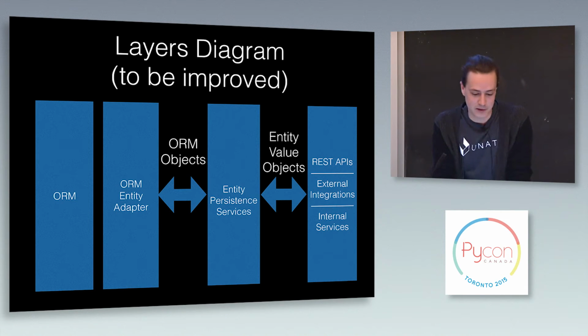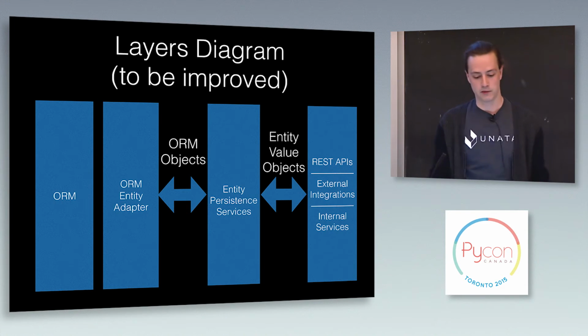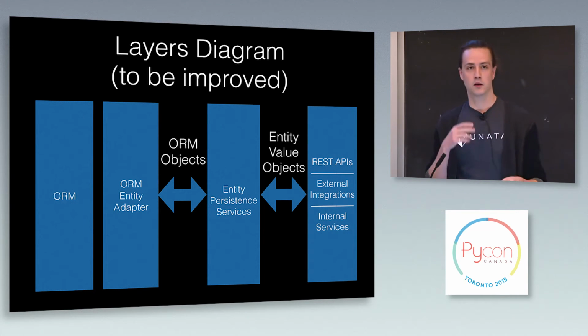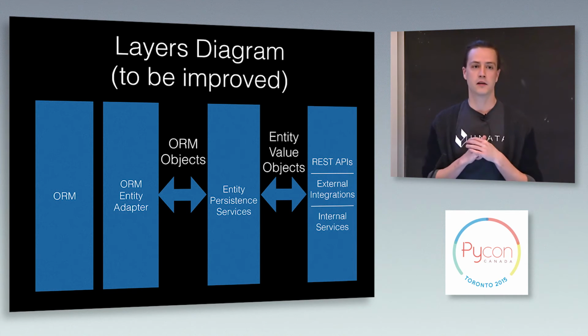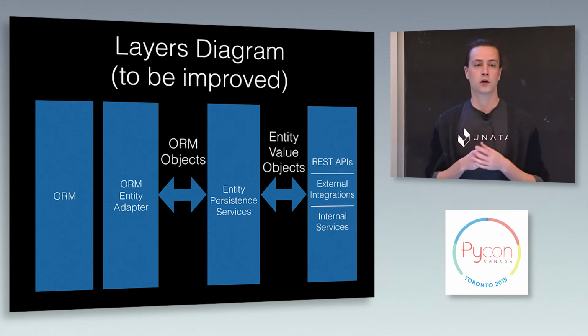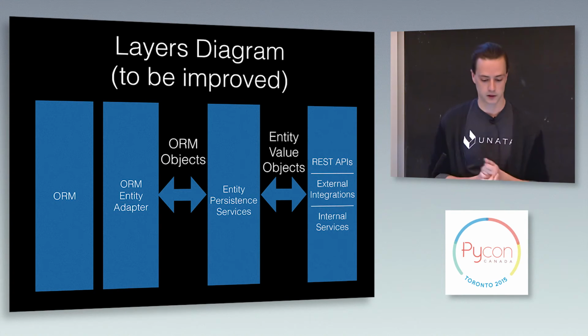So here we have basically our ORM on the left side and our relational side. We have what we call our entity adapter. And this is where we're adapting what we call entities, which are very thin value objects: all our core domain objects, things like products, users, loyalty cards, categories, all these things.